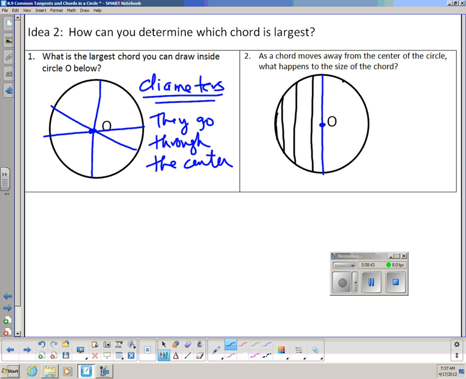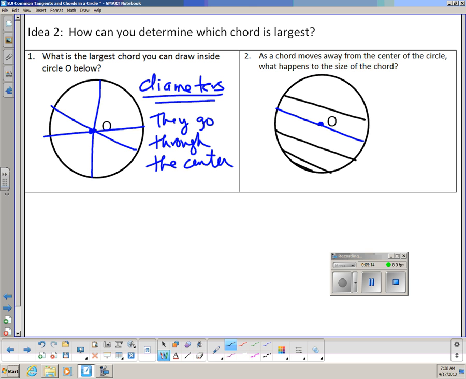And the same thing happens on the other side. As I move away from the center of the circle, I get a shorter and shorter chord. Okay? This happens on a slant too. So it doesn't have to be vertical. Let's say I have my diameter, my largest chord, goes like that. Well, if I keep moving away from the center of the circle, making a chord, a chord, a chord, all those chords are smaller than the previous one because as I go further and further away from the center, the chord gets smaller.